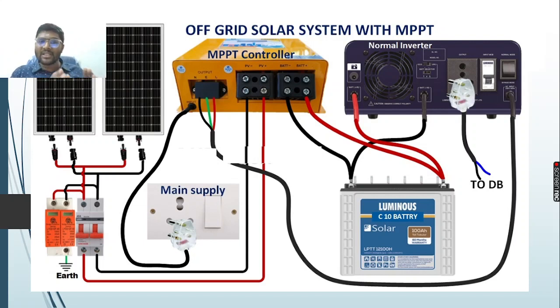You can charge your battery by connecting it to the battery terminals in the MPPT, connect your solar PV module to the PV terminals as shown in the wiring diagram, and connect the output of the MPPT, that is line and neutral output, to your normal inverter, so that you are charging your batteries with the help of the MPPT. You are running the entire backup system with solar power only, not using any EB supply at all. Most importantly, for the MPPT to work properly, it needs some main power supply.